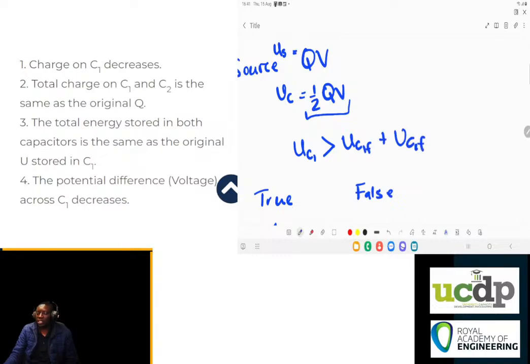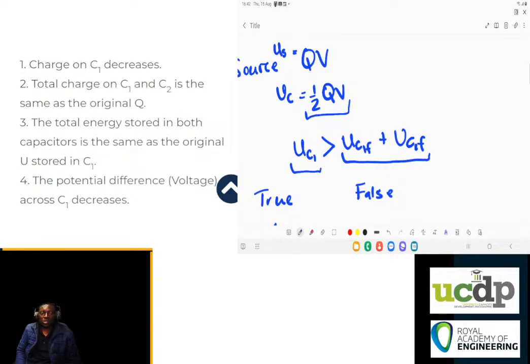So at the end, the sum of the energies there is actually less than the energy that was stored in the capacitor before, because each is storing almost half QV and half Q times its equivalent potential. But that energy, because of our efficiency principles, is less than the one from the source. So the total energy in both capacitors is less than the original energy stored in C1.